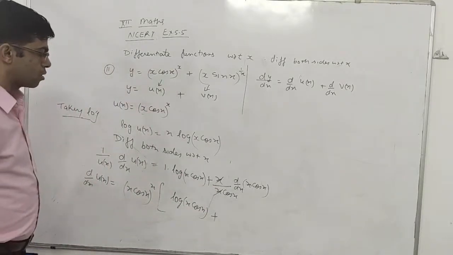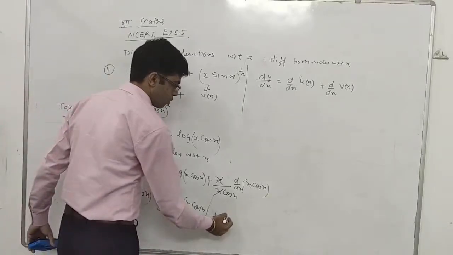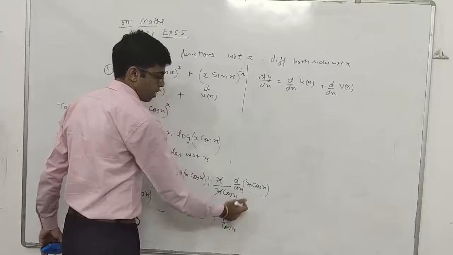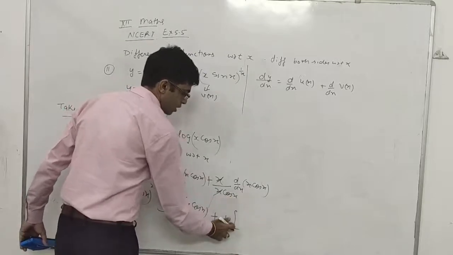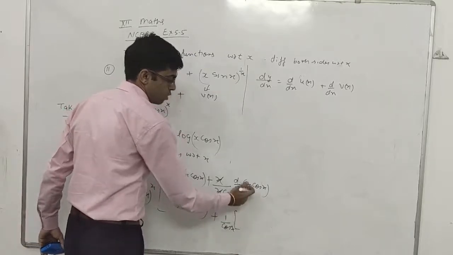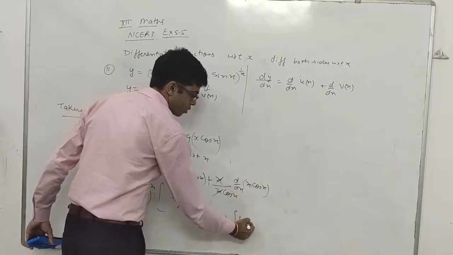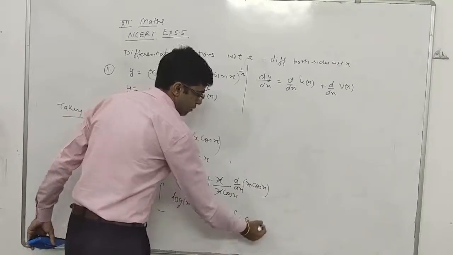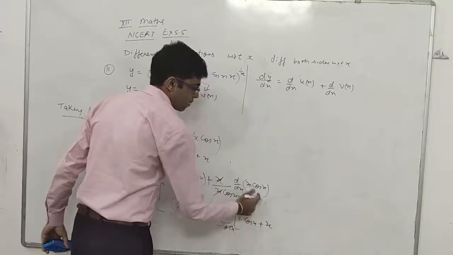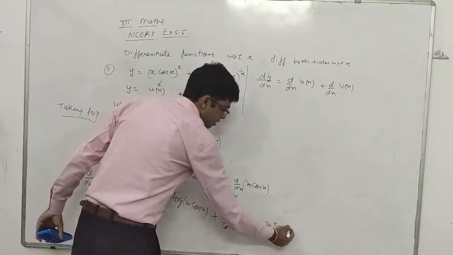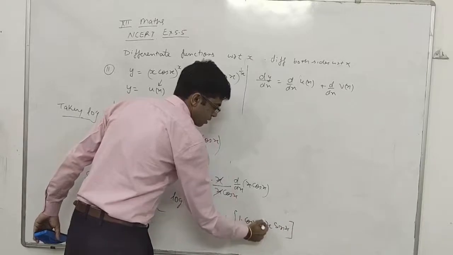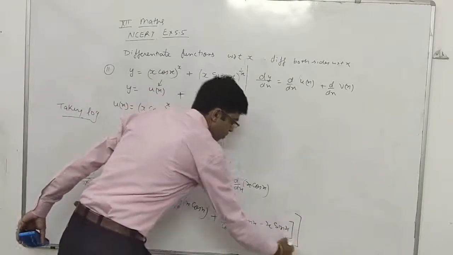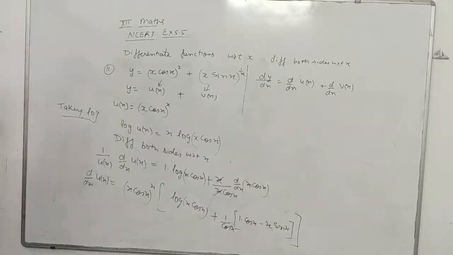upon x cos x. So 1 upon cos x, and now we will use chain rule in this. Again chain rule: differentiation of x is 1, cos x will remain same, then plus sign will come, x will come, and the differentiation of cos x is minus sin x, and this bracket we have to close.